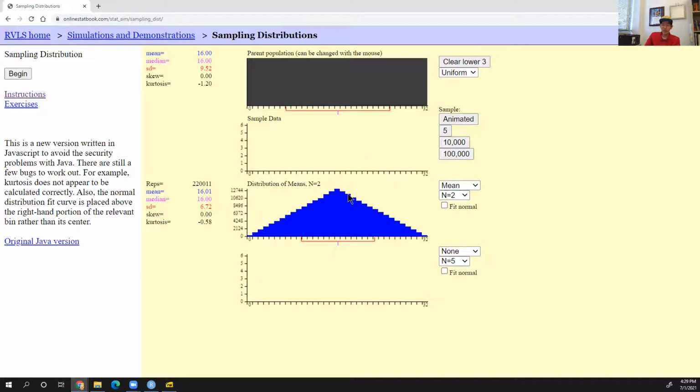How many ways are there to get an average of 17? It'll be one less than that. What did I say? An average of 16.5, I'm sorry, would be 1 and 32, 2 and 31. Okay, an average of 17 would be 2 and 32, 3 and 31, 4 and 30, 5 and 29, and so on and so forth.